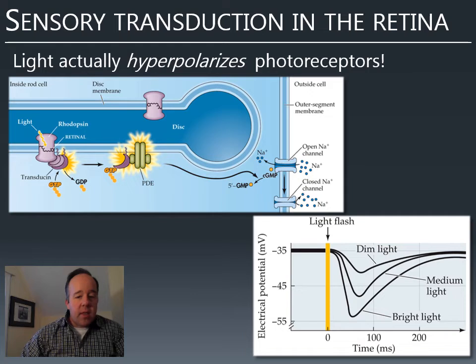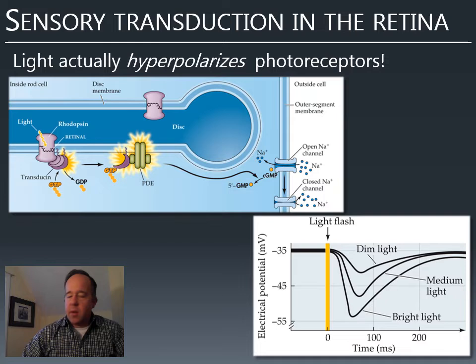Well, it actually means that when light hits your rods and cones, it actually hyperpolarizes those photoreceptor cells. They release less neurotransmitter. Other cells that exhibit graded potentials will respond strongly to a big stimulus. The rods and cones actually shut down when they get a big stimulus. So it's the opposite of what we usually think of.